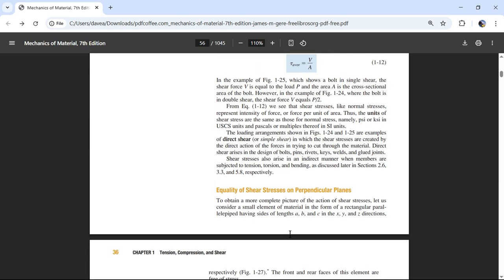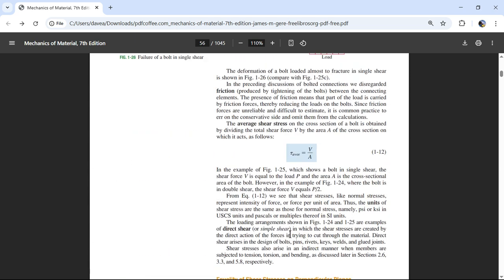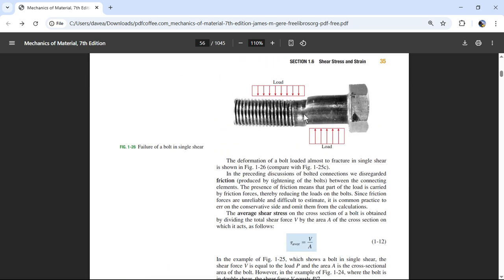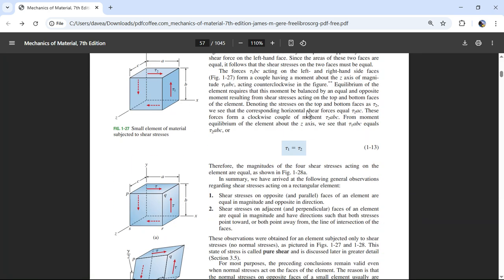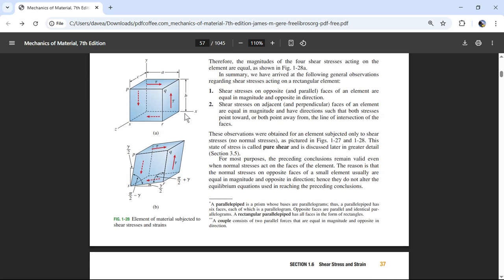Okay, so let's take a look at what happens, because I said that if we take a small little element, which would be just taking a square right here, it's going to turn into a diamond shape. And so we have this small little square element, and we're going to have that load this way, that load this way.